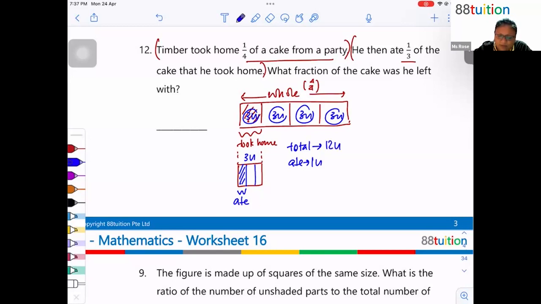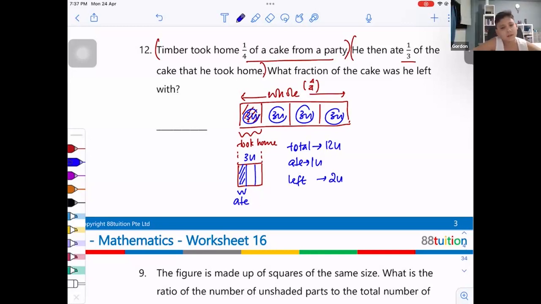He ate 1 unit. What is he left with? He's left with 2 units, right? No, he didn't take home these 9 units.